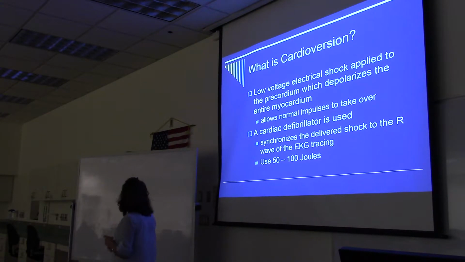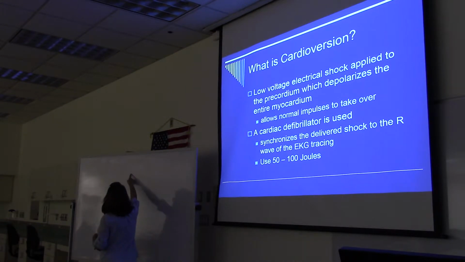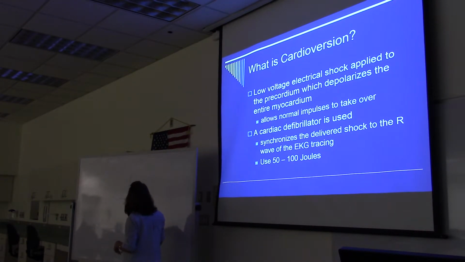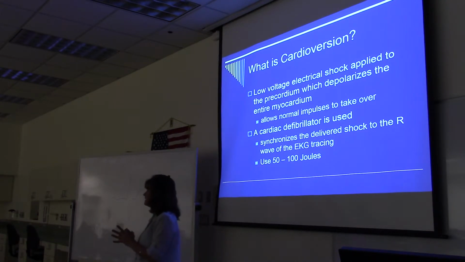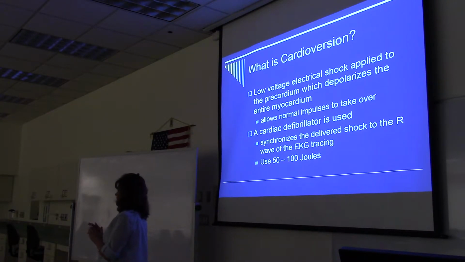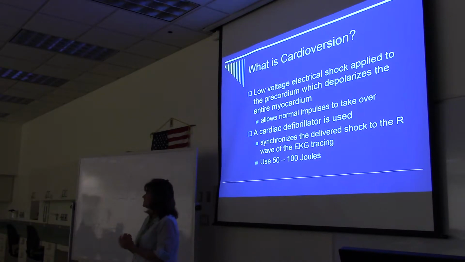What happens if they don't synchronize with the R wave and they just apply a shock and it happens here at the end of the T wave? Is that bad? If it's not synchronized, something bad can happen.